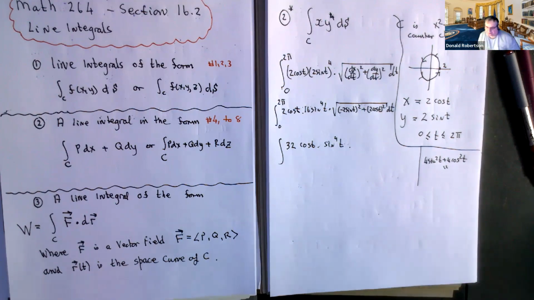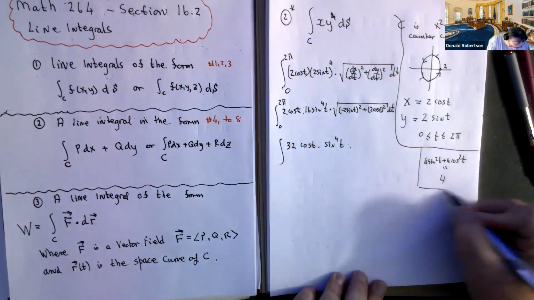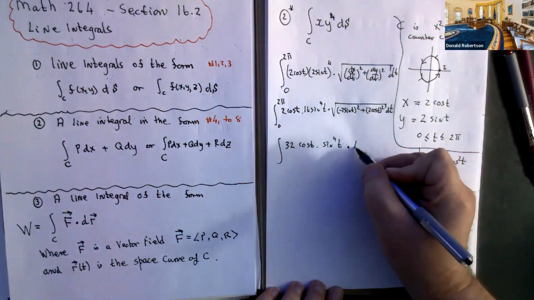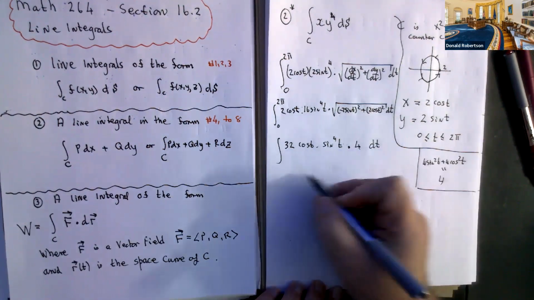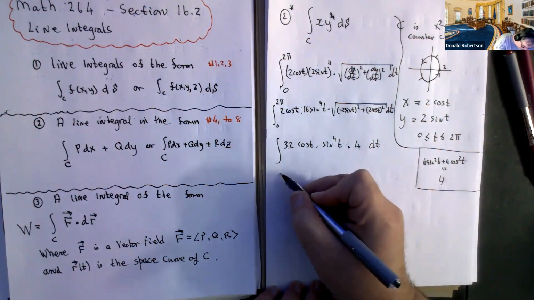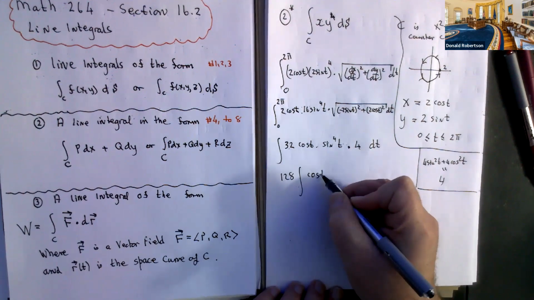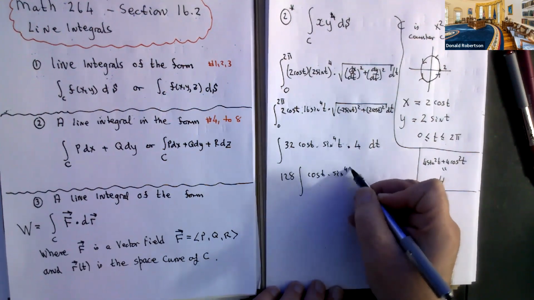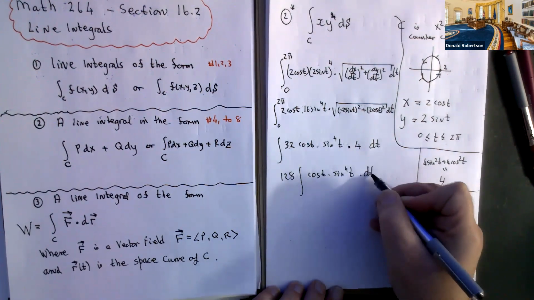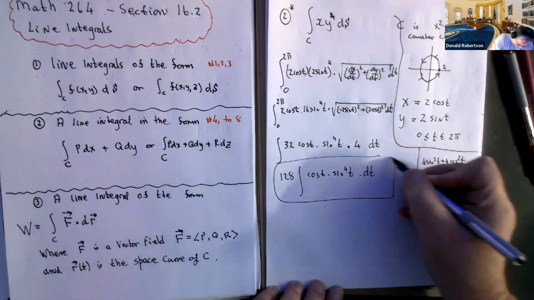That's right, John. 4. So that's basically just times another 4. 4 times that guy is 128. I'd probably pull it out because it's getting awkward. And that's where I'm stopping.